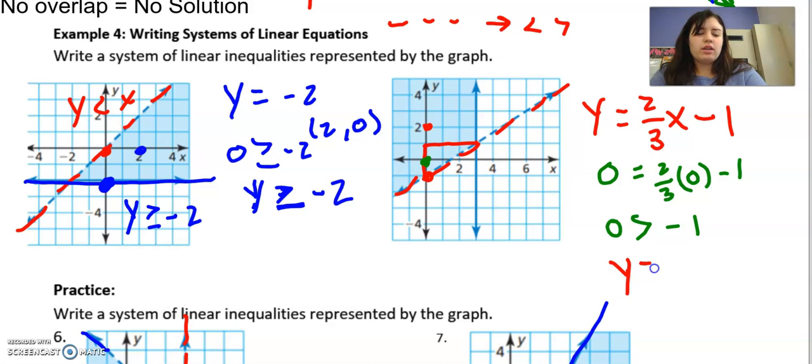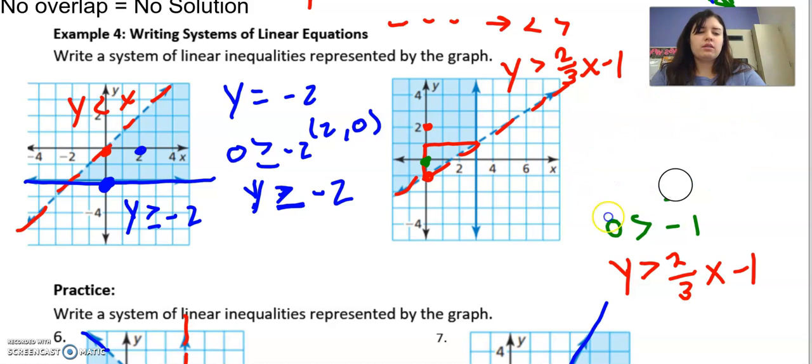We're going to say y is greater than 2/3 x minus 1. Right? We need to pause it. We're going to erase.